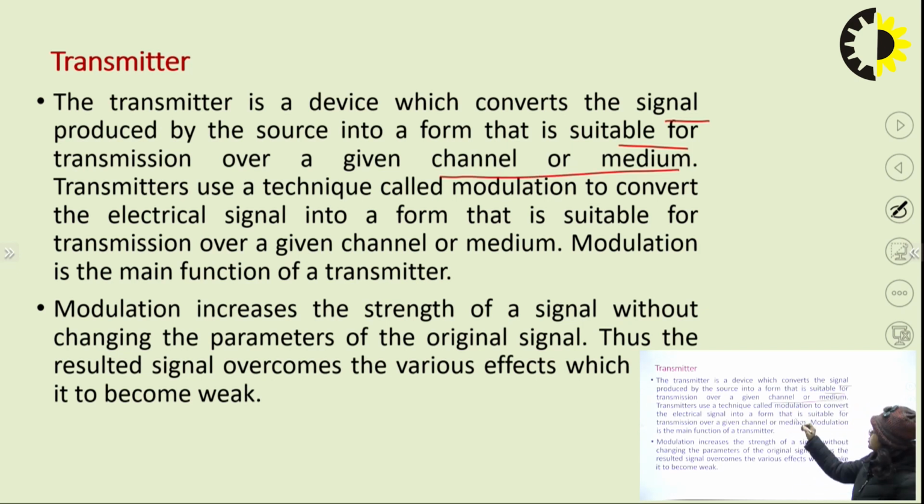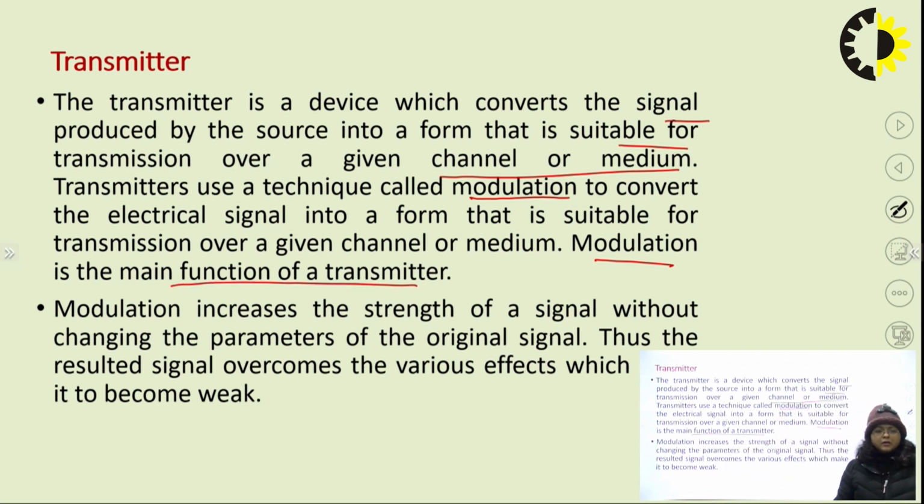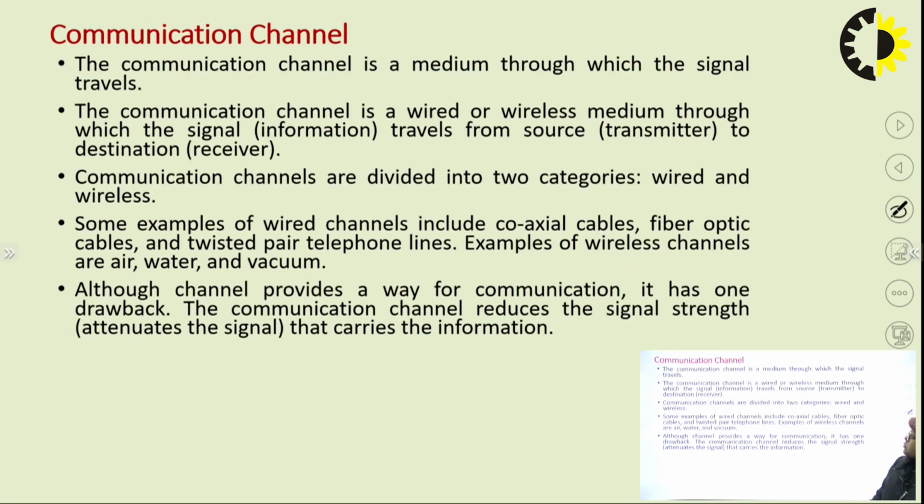So it uses modulation to convert low frequency message to high frequency signal suitable for transmission, and modulation is the main function of transmitter, which we will study in detail in next lectures. So it increases the strength of signal, basically frequency, without changing the parameters of the original signal. And this signal is then transmitted through the channel.